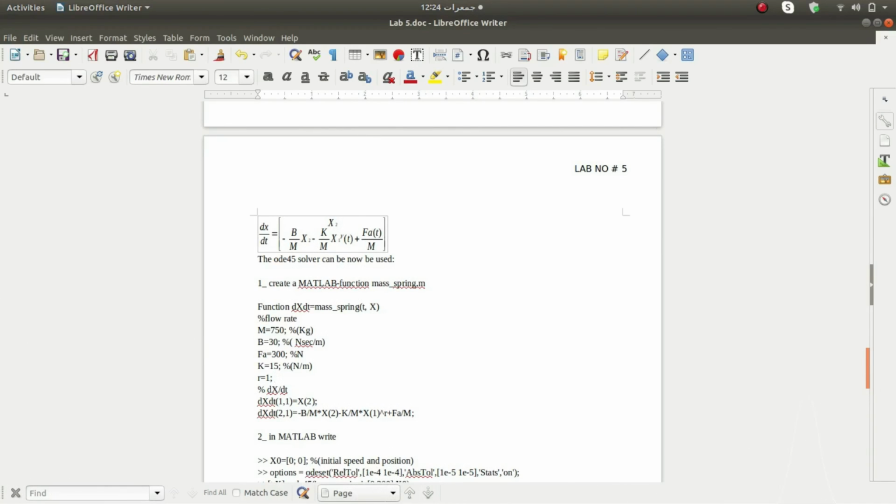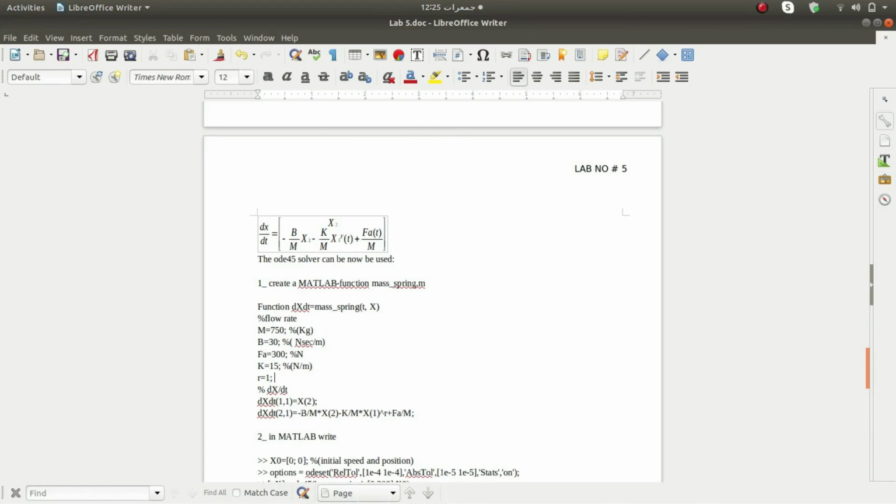And then we have the constants. Here you can see mass is 750, frictional constant is 30, applied force 300, spring constant 15, R is 1. R is basically this Y.